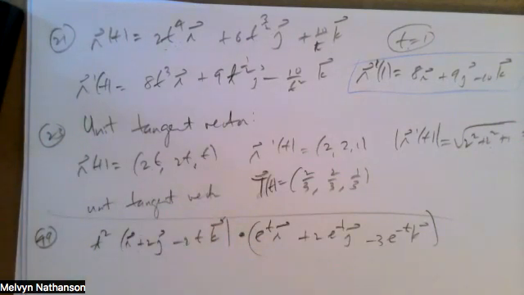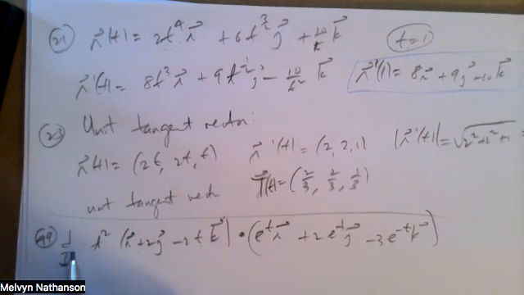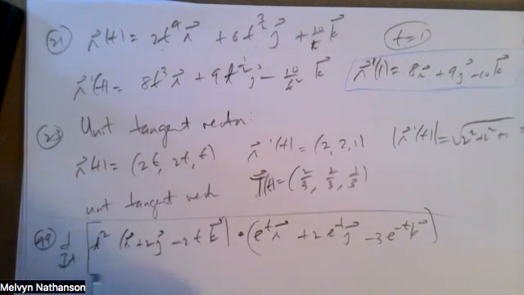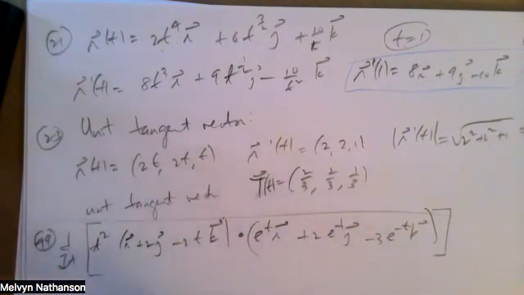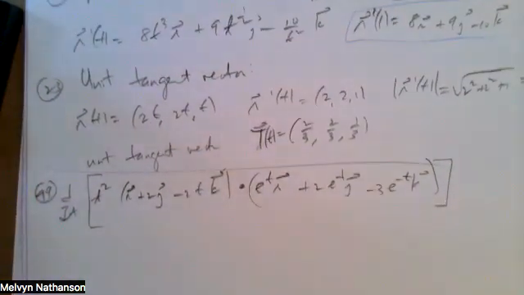And I'm taking the dot product of those vectors, which is a scalar, and I want to differentiate that. And I want to use the derivative rules to compute this derivative. So the derivative of the dot product of two functions is the dot product of the derivative of the first times the second plus the first times the derivative of the second. So let me do it like that and see what I get.